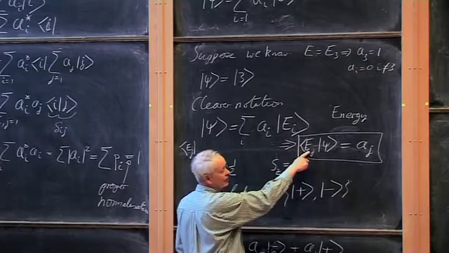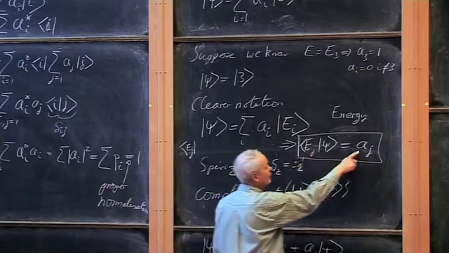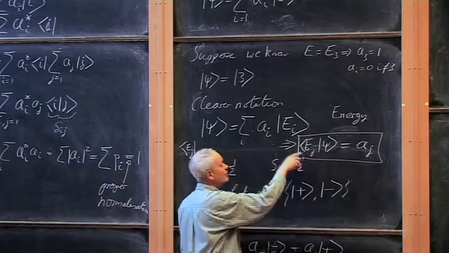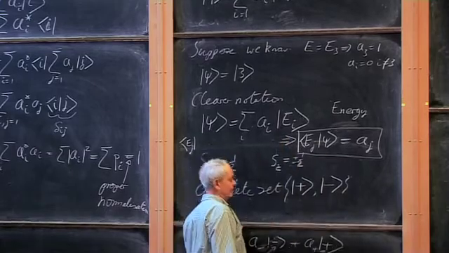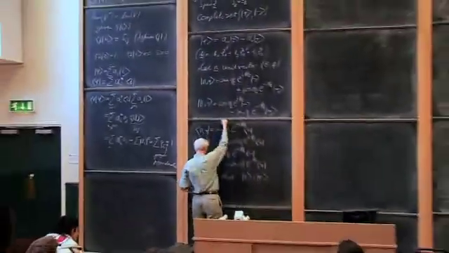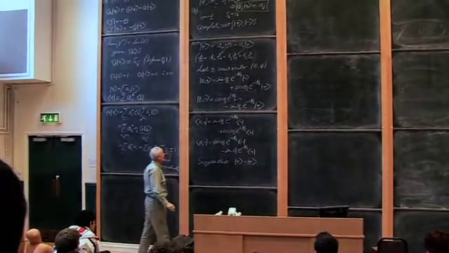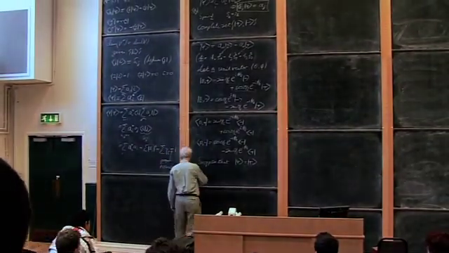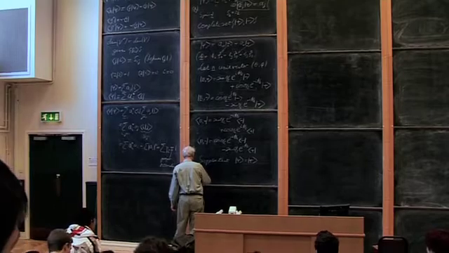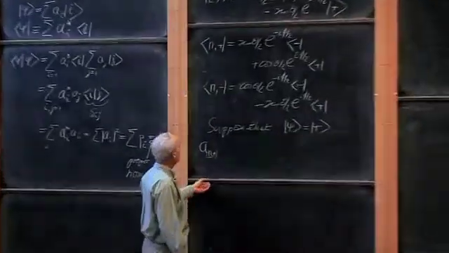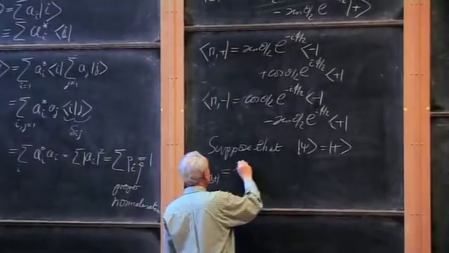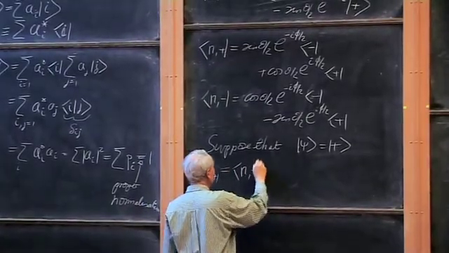In this case, Ej. So the amplitude to find that the energy is Ej is just Ej brought into the state of our system. So when I come back to this problem here, I want to know the amplitude to measure plus on n. So what I need to do is to calculate this by that principle.